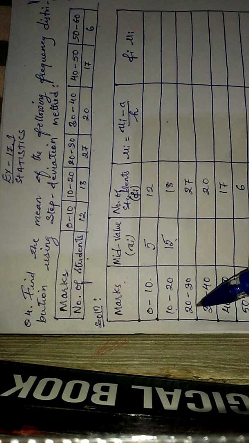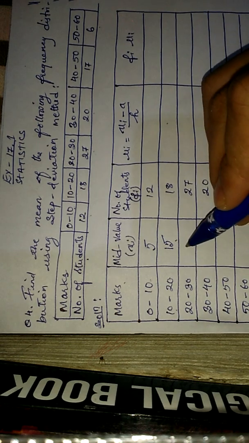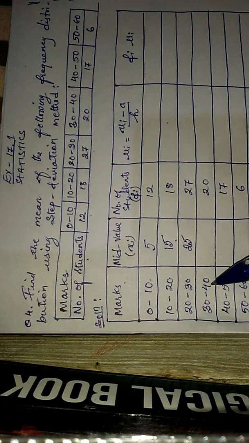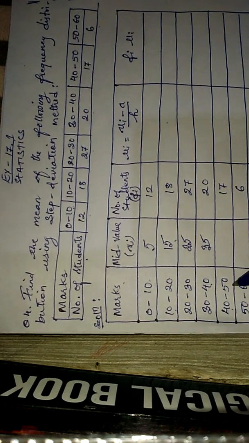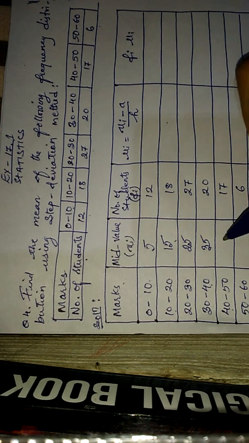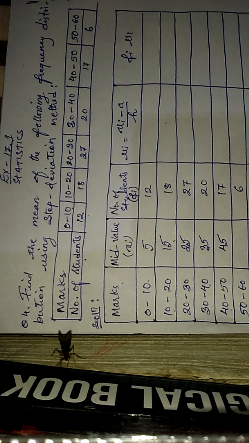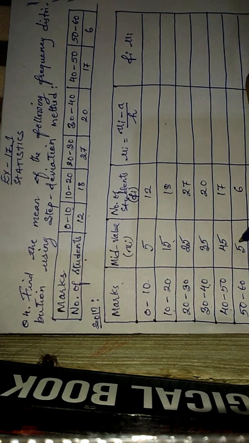Then the third, 20 plus 30 is 50, divide by 2 and you get 25. 30 plus 40 is 70, 70 divided by 2 is 35. 40 plus 50 is 90, divided by 2, 45. 50 plus 60 is 110, divided by 2, we get 55.